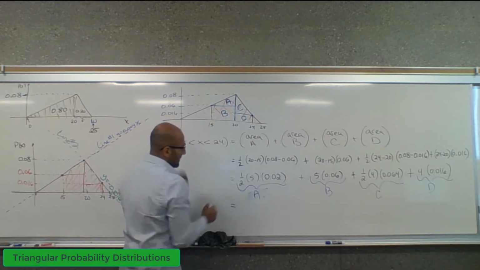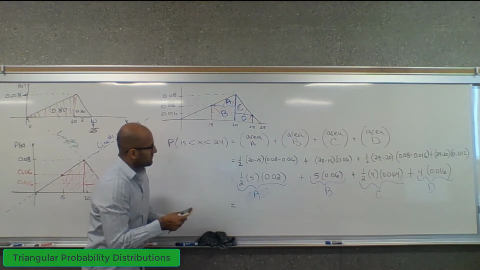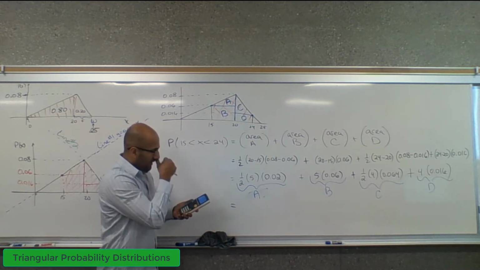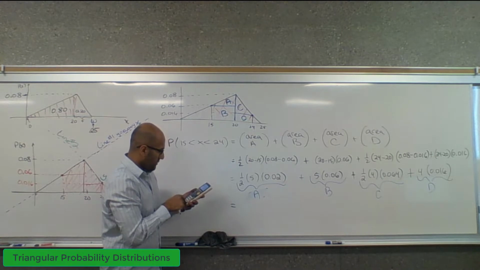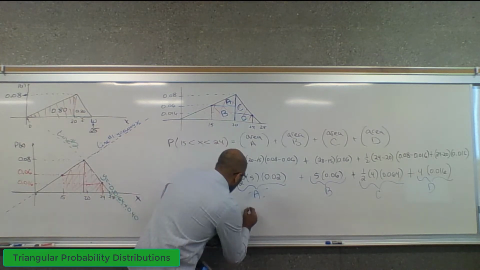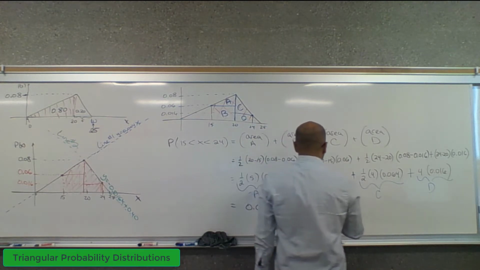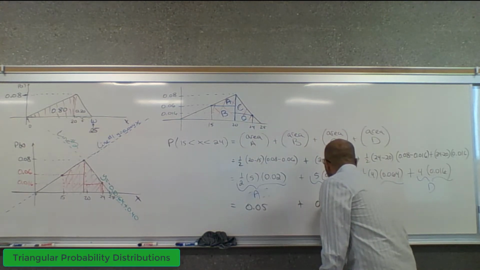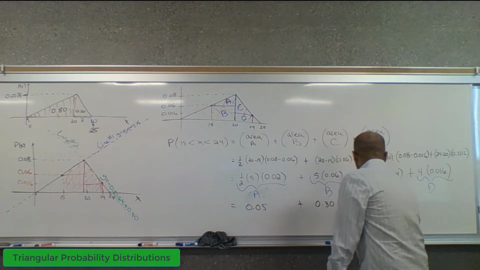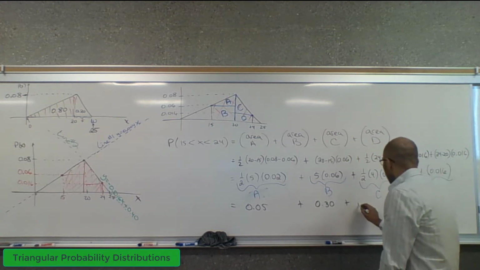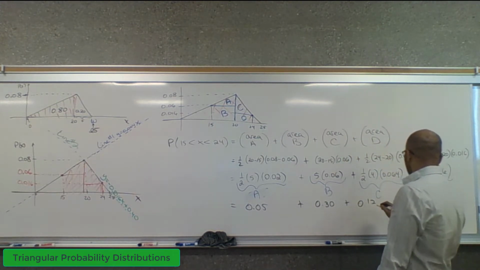So this is going to be 0.1 times 5 is 0.05, I think. 0.05 plus this guy, which is 0.30, plus this guy, which is going to be 0.128.